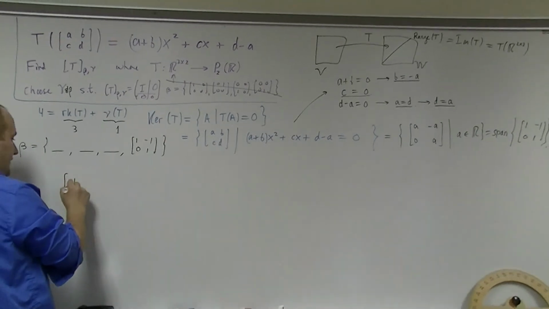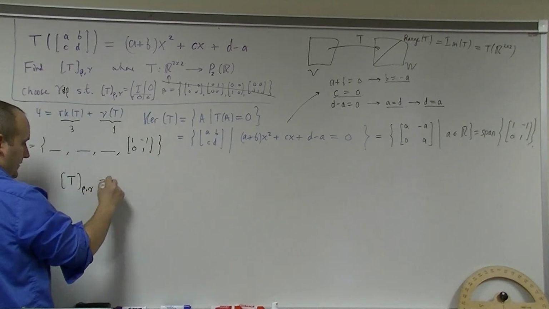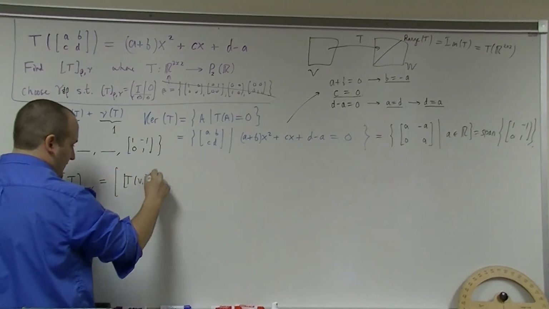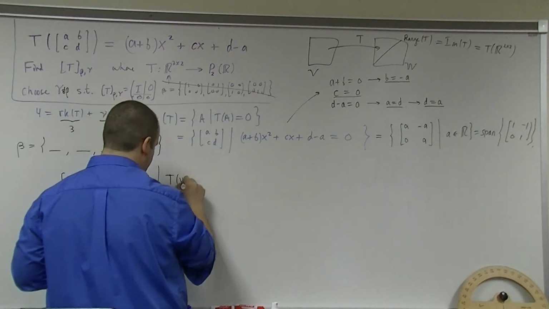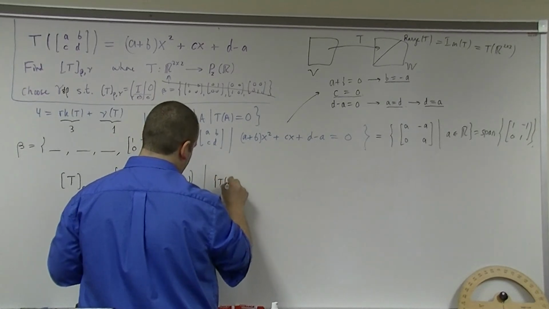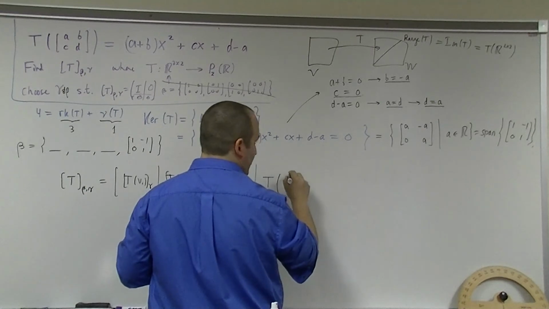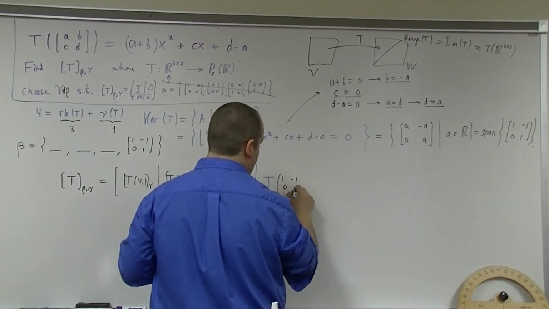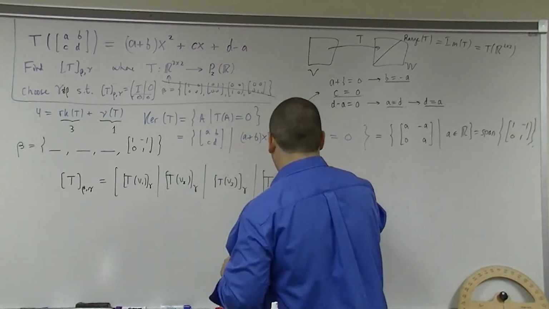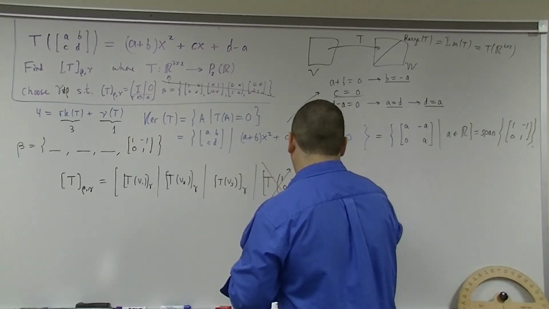Remember, the matrix of T from beta to gamma: the first column is T of V1 in the gamma coordinate system, then T of V2, T of V3, T of V4. And T of V4, I'm saying I want to be 1, minus 1, 0, 1, because I know that makes this 0, which makes the whole fourth column 0, right?